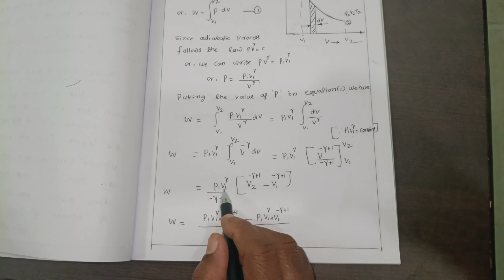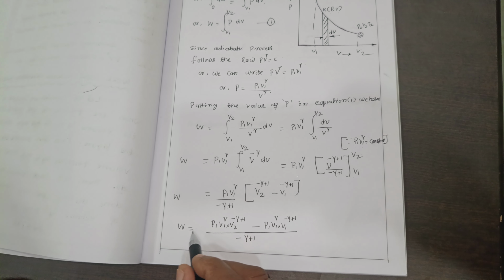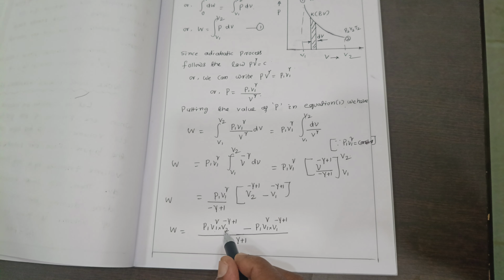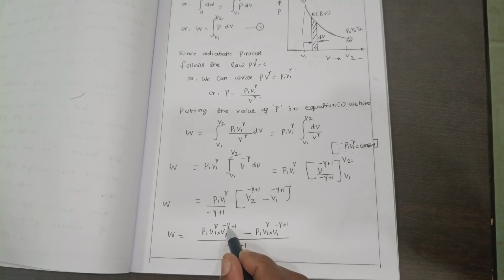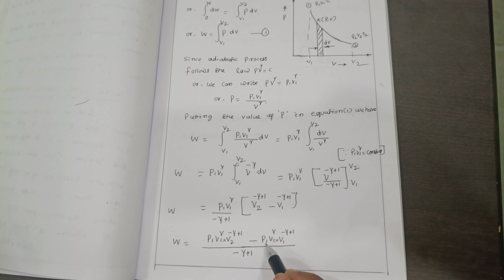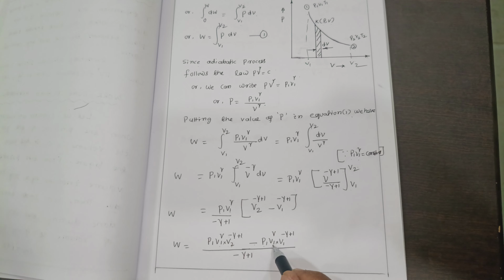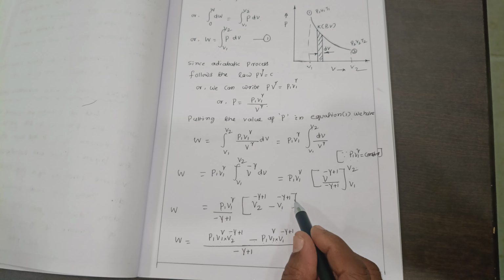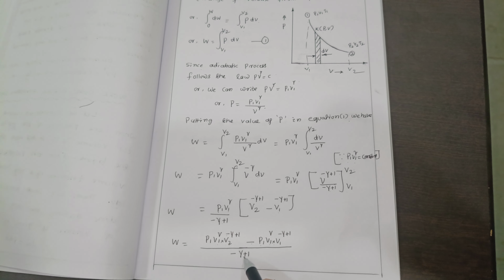Now we have to do the multiplication. W is equal to P1 V1 to the power gamma into V2 to the power minus gamma plus 1 minus P1 V1 to the power gamma into V1 to the power minus gamma plus 1 divided by minus gamma plus 1.